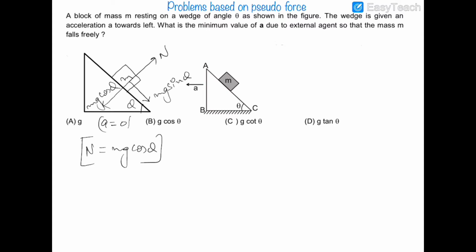Now what I mean to say is that when this inclined plane is moving with an acceleration a, then this force is mg cos theta, and this force is mg sin theta, and the pseudo force acting on this block will be in this direction, which is ma.